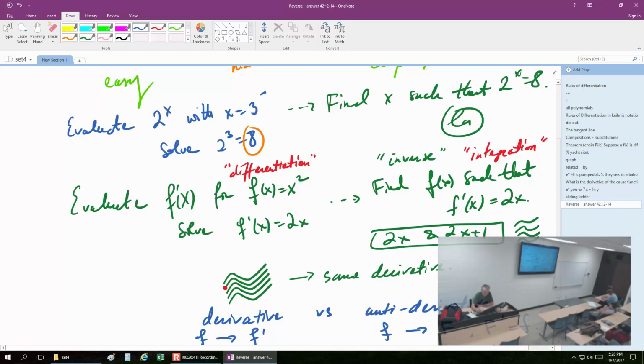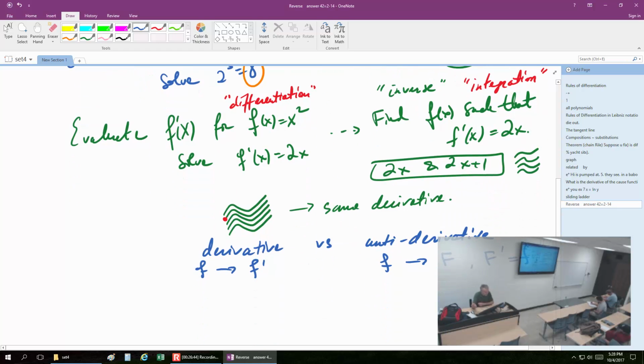That's the difference. The first problem is direct. We have all of those rules. Once you become comfortable with them, they make solving differentiation problems straightforward. It might be tedious if the function is really complicated, but they can always be solved if you just follow the rules. Anti-differentiation is not so easy.